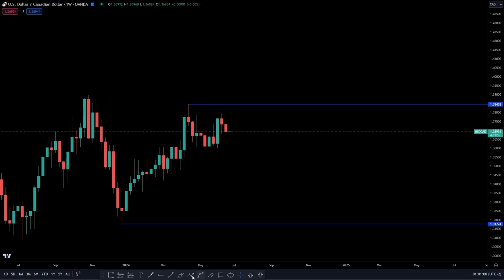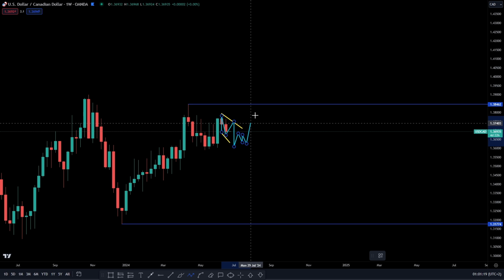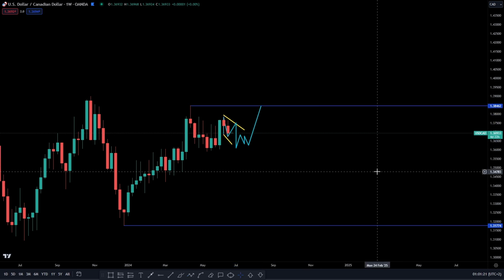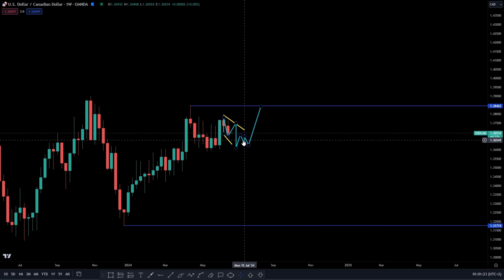It seems like we are currently forming a correction. So if those green candles are an impulse, it means now we are forming a correction like this, perhaps a three-touch correction, then we can move up like so. That's the weekly time frame.